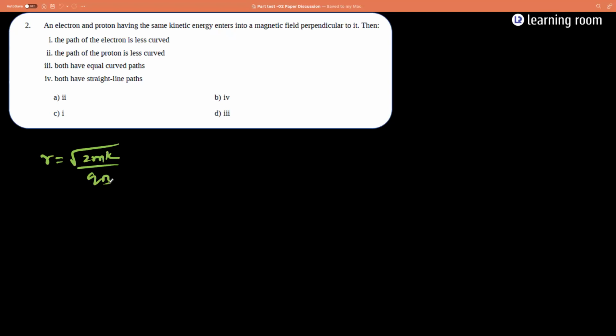R is directly proportional to the mass, because the charge of proton and electron are the same. So R is directly proportional to square root of m. The one which has lesser mass will have the lesser curvature. So the answer is: the path of the electron is less curved.